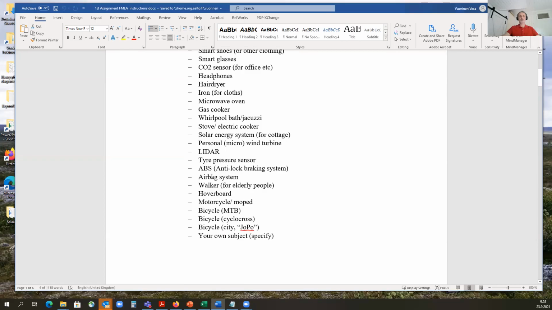It could be something which you use for transporting yourself. So it could be standard bicycle or motorbike or hoverboard or whatever. Or it could be, let's say, a smaller part of a larger system. So it could be, for example, LiDAR, so radar, which is using laser light. It could be a tire pressure sensor.